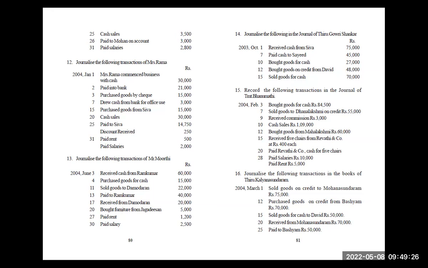Question 12: journalizing, the first step of accounting. Sir, for the 25th, purchase account debited to cash account, debited to Shiva's account. Rent account debit 500, salary account debit 2000, to cash account 2500.